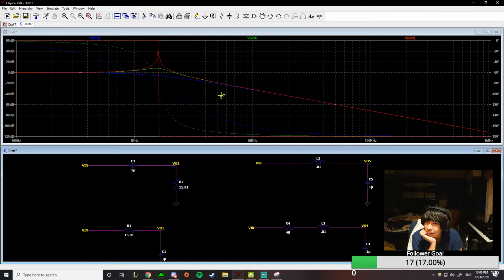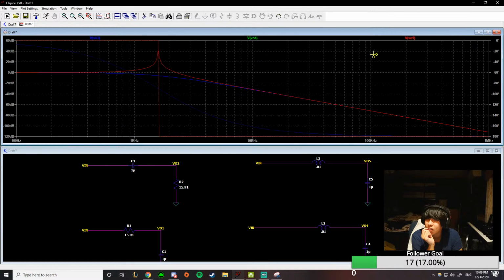My V05 basically, holy shit, what's happening over there? I do the same thing over here. Copies exactly.